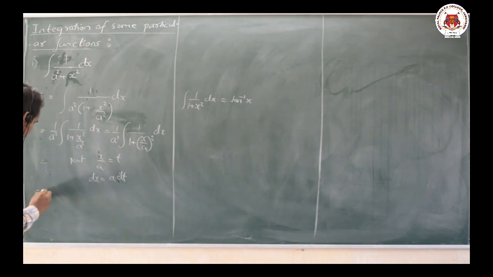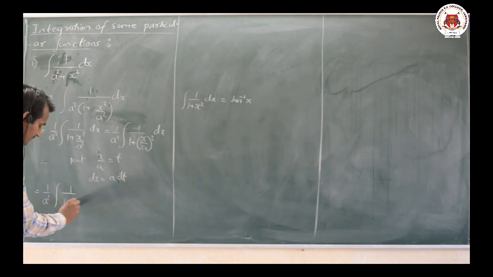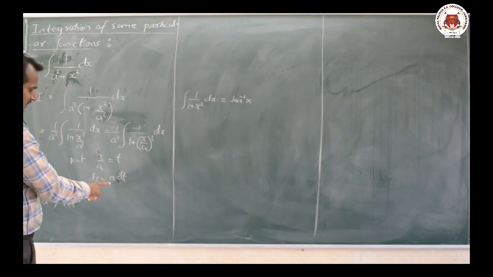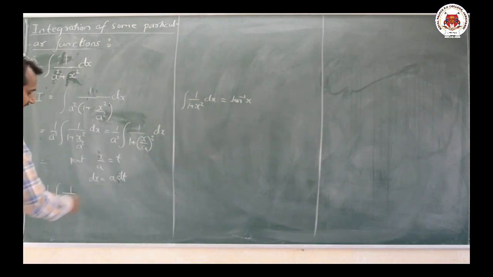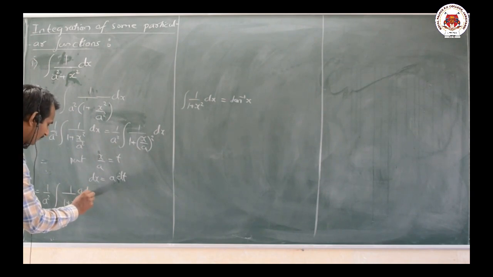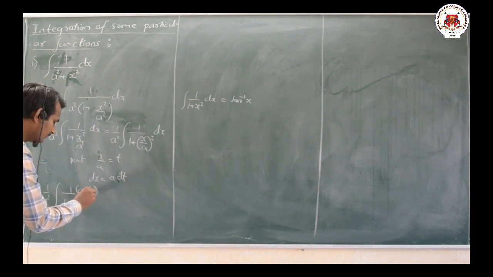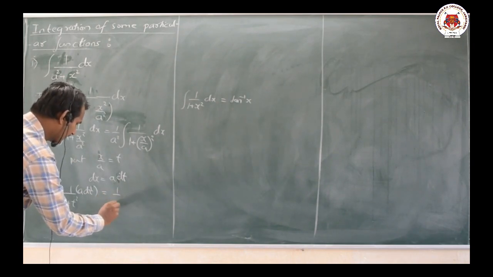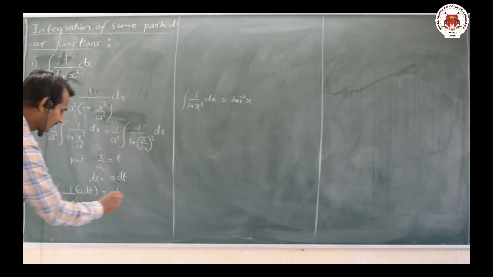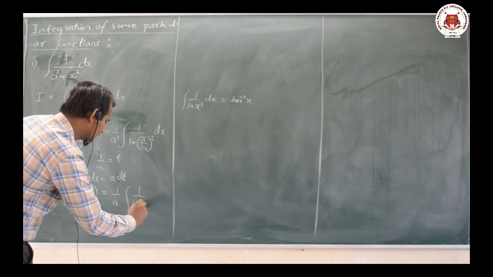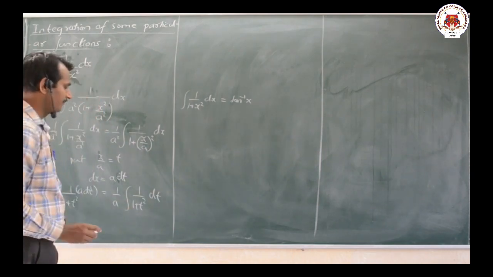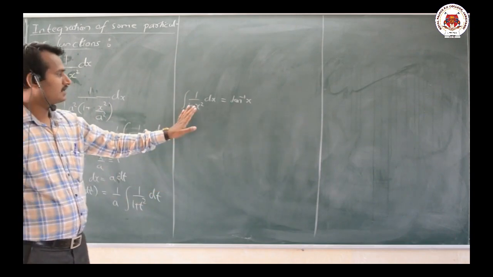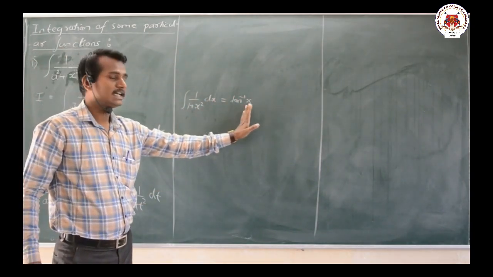So what we get is 1 by a square integration of 1 divided by 1 plus, x by a means it is t square. Now dx equals a dt, that we shall substitute. Now I will take a common outside, that means 1 by a is remaining, a square. Here we have 1 divided by 1 plus t square into dt. Now what is this? Integration of 1 divided by 1 plus x square dx means tan inverse of x.